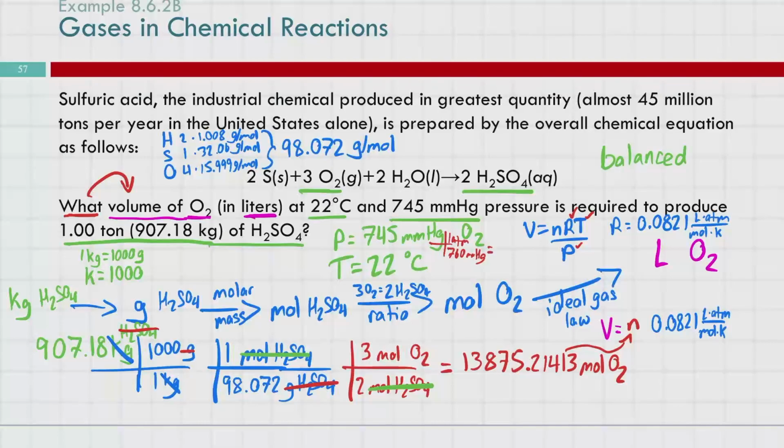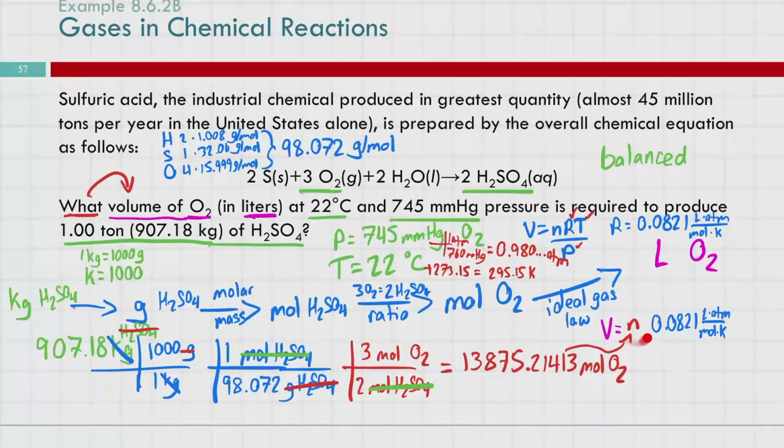Divide by 760. (22 plus 273.15). 295.15 Kelvin. Now our units match.